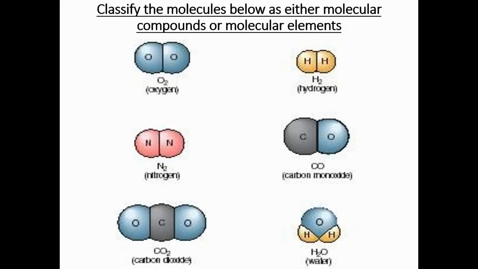So you can practice classifying these as molecular elements or molecular compounds. So you can pause the video, try it yourself, and then check your answers. O2, we know is two of the same, so it's a molecular element. H2, two of the same, so it's a molecular element. N2, two of the same, so it's a molecular element. CO, carbon and oxygen, two nonmetals that are different, so it's a molecular compound.